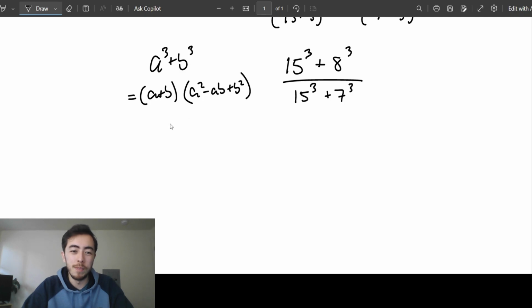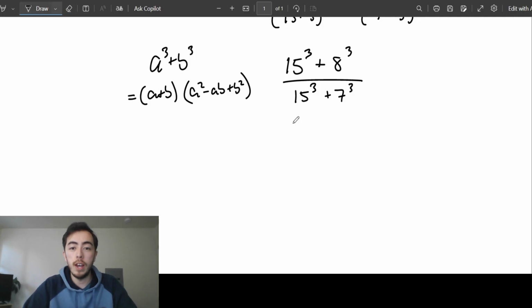There's this acronym, I think it's SOAP, where this S stands for same, as in it's the same sign as before. This O stands for opposite, so that's the opposite sign as before, and then this AP stands for always positive. And this acronym is helpful because if we had a difference of cubes, then we'd have the same sign here and the opposite sign here, and then an always positive right there.